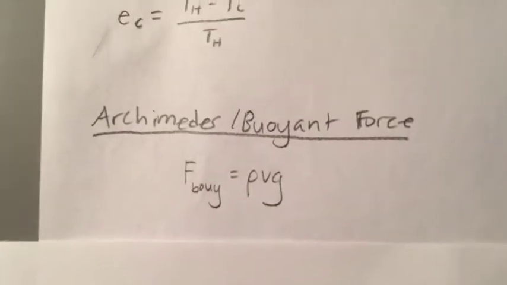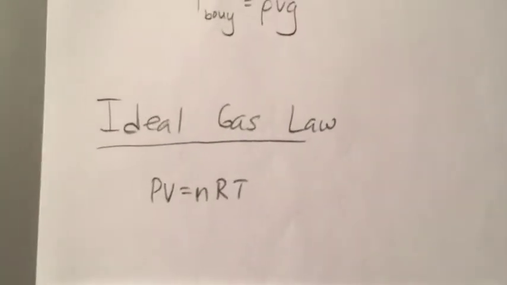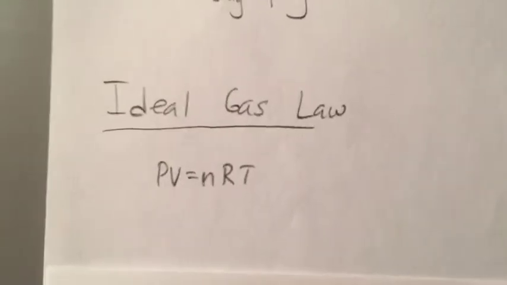V equals velocity, meters per second, and G is gravity. And last formula is the ideal gas law, PV equals nRT.